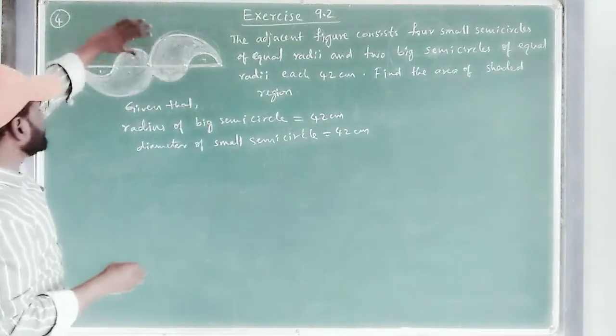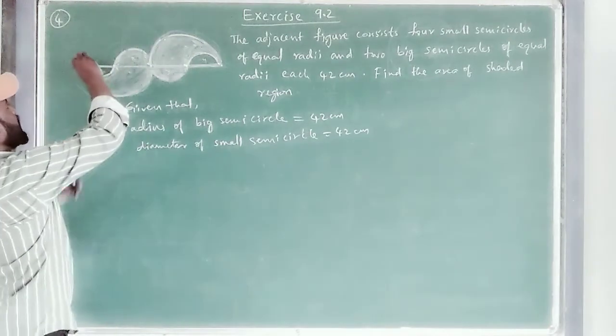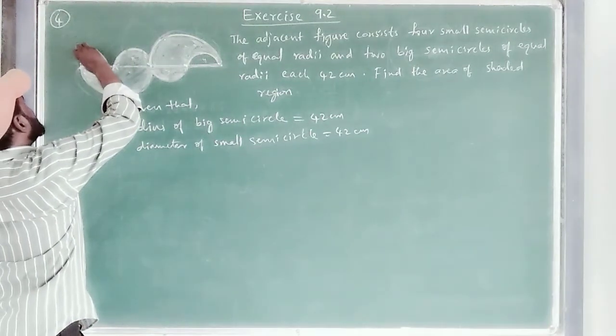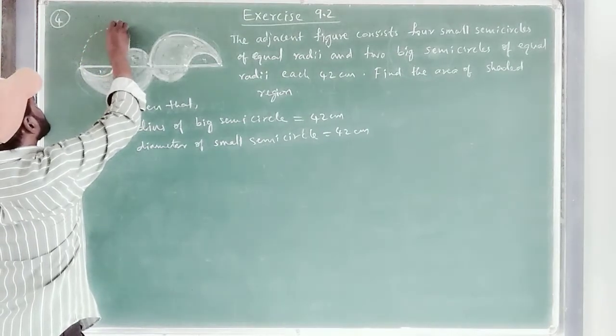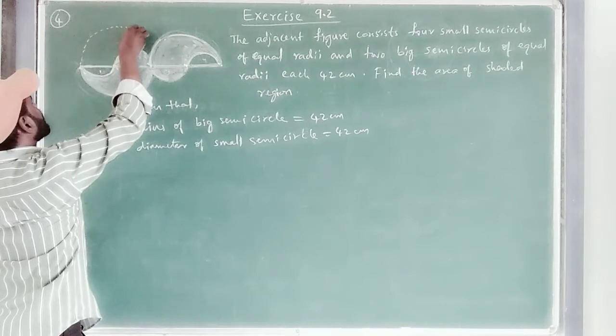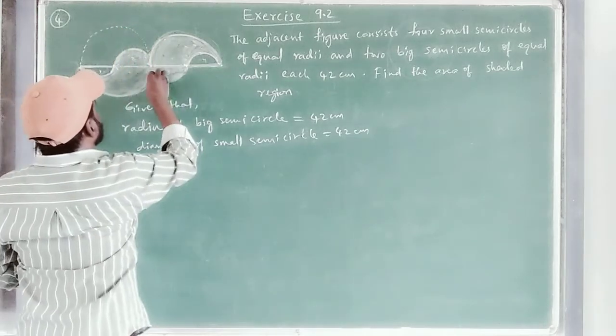Now, if you remove this and fix it here in reverse order, it will look like this. See now, I am drawing dotted lines like this.